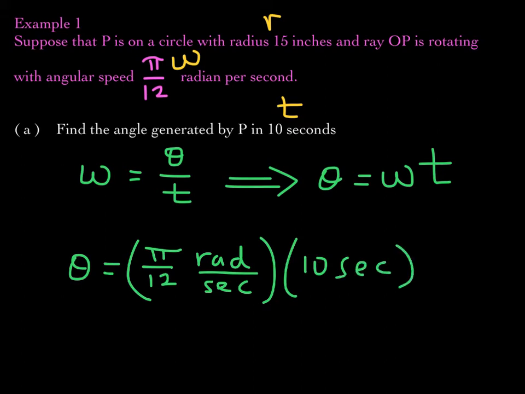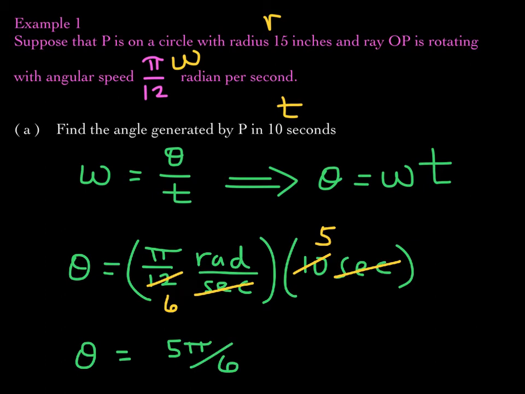What I wanted to convince you of is that the seconds get canceled out. The GCF between 10 and 12 is 2. 2 goes into 10 5 times, and 2 goes into 12 6 times. So the radian measure of theta is just 5 pi over 6 radians.